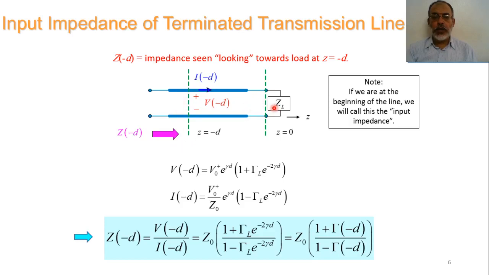It can be noted here that this input impedance is a function of the distance. So the problem now, it is not a short circuit, it is not a wire. Effectively, it is a transmission line, and the length of the transmission line controls the input impedance in this case.